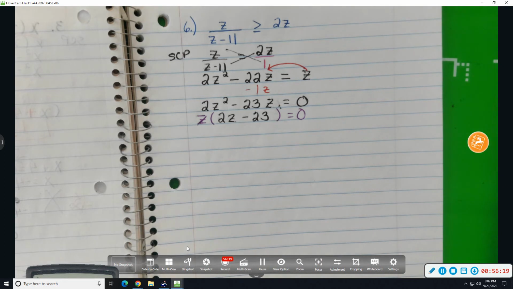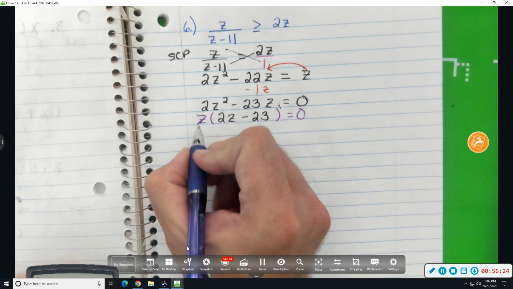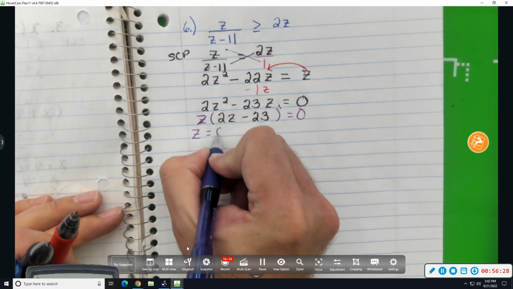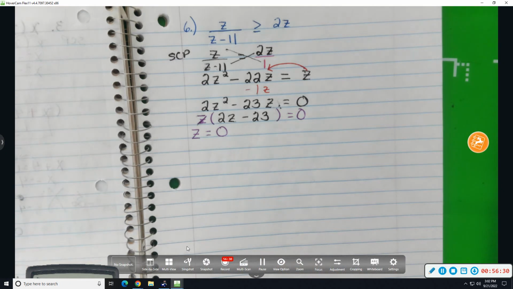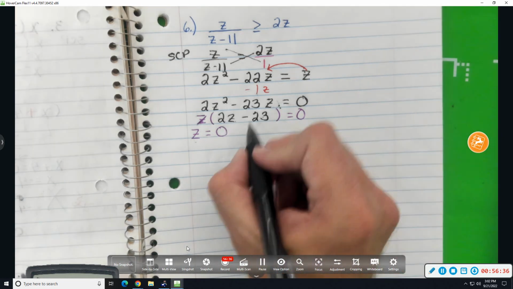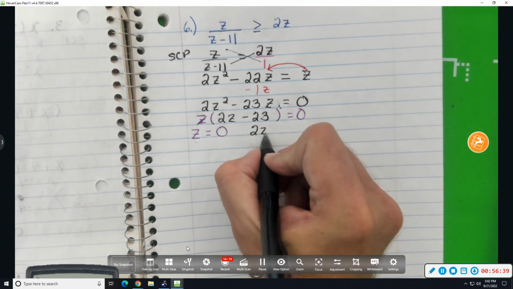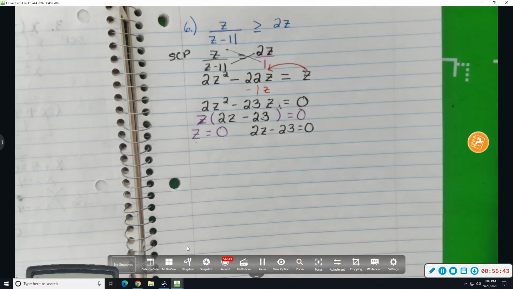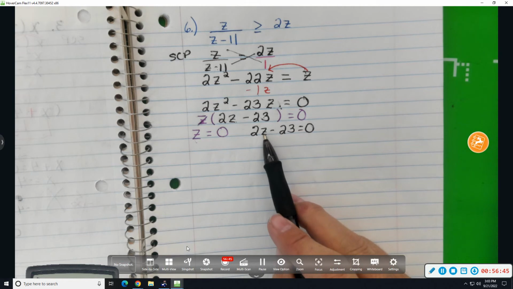Now set each factor to 0, and here's the thing that's tricky. You've got to even set the z equal to 0. And the z is already isolated. Take the 2z minus 23, set it to 0, and now isolate the z.